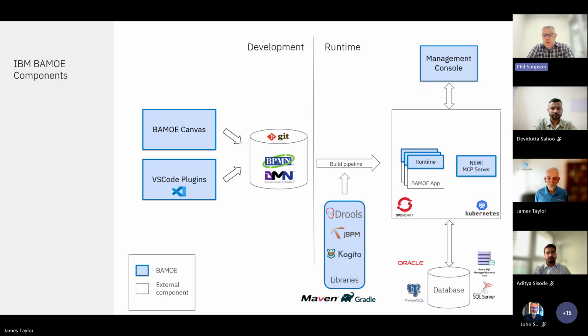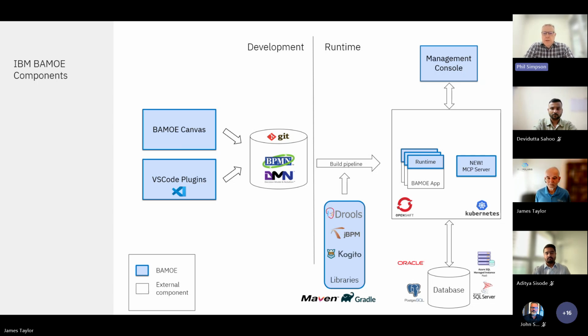There's a development side and a runtime side. The development side is the tooling and the repository where you create the models that describe your business, your organizational processes, your business decisions, and so on. And you're using languages like BPMN and DMN, which are standard graphical representations for business processes and business decisions.